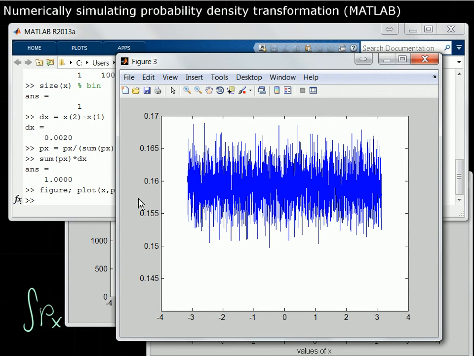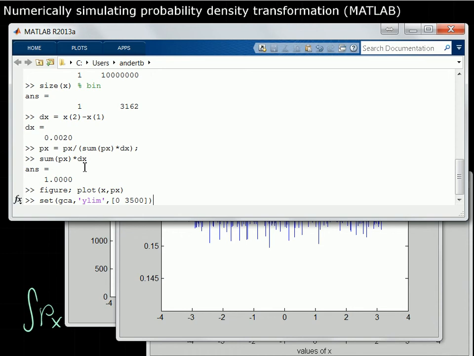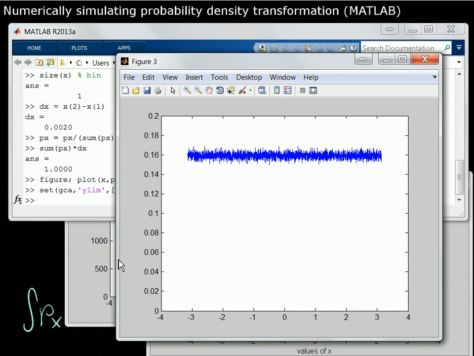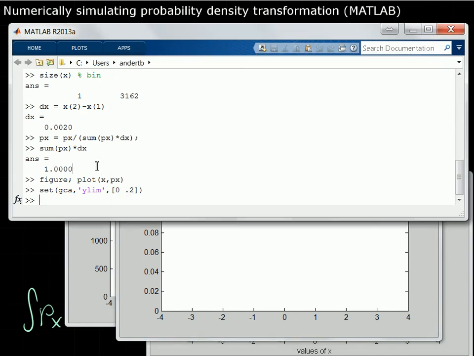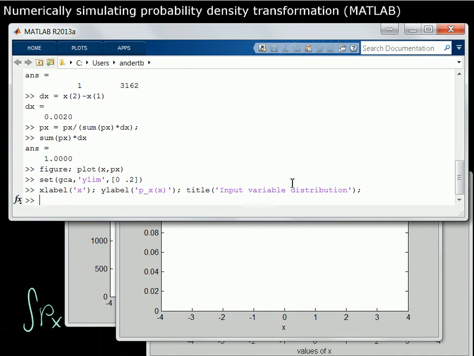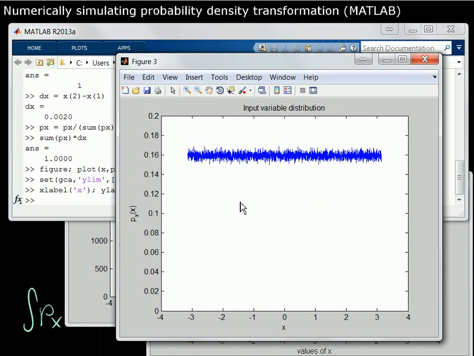So I'm going to set my y-axis up where I can actually see this, and I'm going to label it as we see here, and that's basically a way to numerically get our density function p of x.